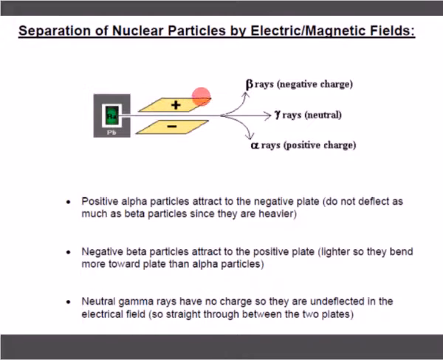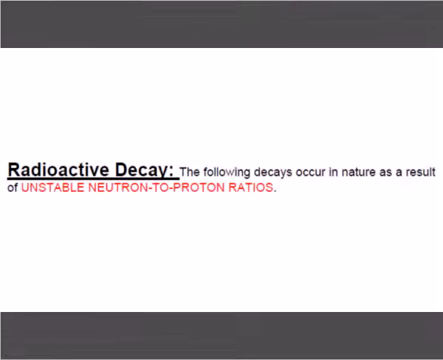They would be attracted toward the positive component, where alpha rays are going to be attracted to the negative component of the magnetic field. And gamma rays are neutral, so they would just be shot straight through. So you can get them to separate just by introducing a magnetic field. That shouldn't be anything crazy, but you have that graphic to help you understand it visually.